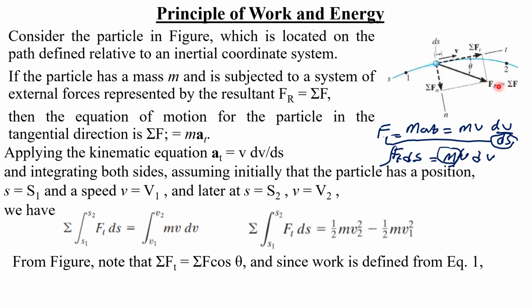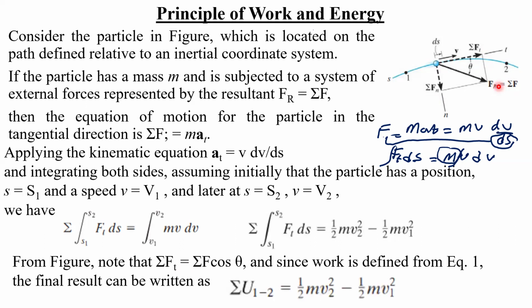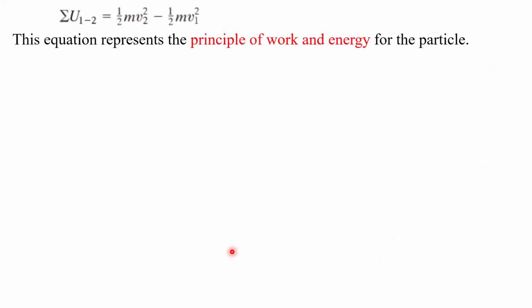And since work is defined from equation 1 as being in the direction of the force, as F ds cos theta, then work here is equal to this. This is F cos theta. So this equation represents the principle of work and energy for the particle.